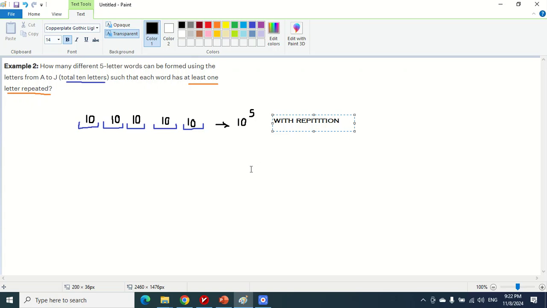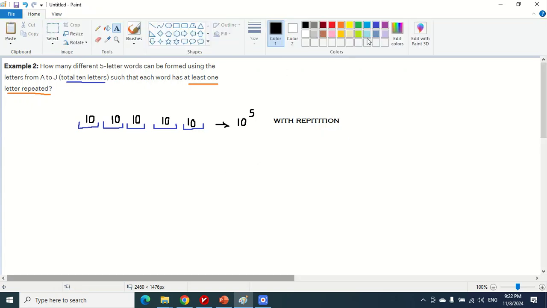The question now is, if repetition is not allowed, how many cases are there? Again we have 5 places for 5 letters, and we can put 10 possibilities for the first one, 9 for the second, 8 for the next, 7 for the next, and 6 for the last.